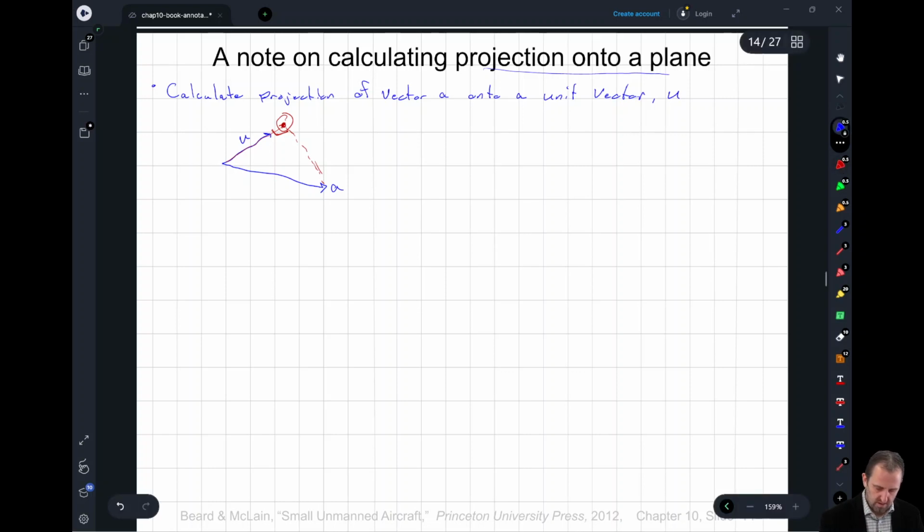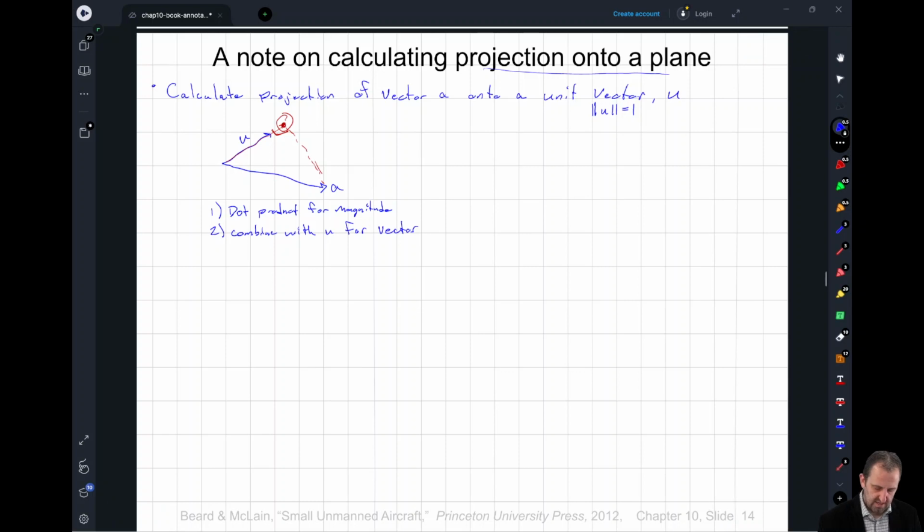So since our unit vector u has unit magnitude, we could write its magnitude as 1. Well, if we denote the dot product, we're going to do this in 2 steps. 1, take the dot product for the magnitude, and then 2, combine that for the vector. So we're going to combine it with u.